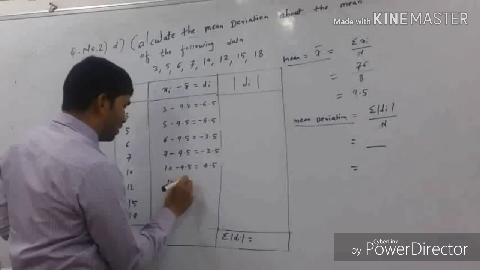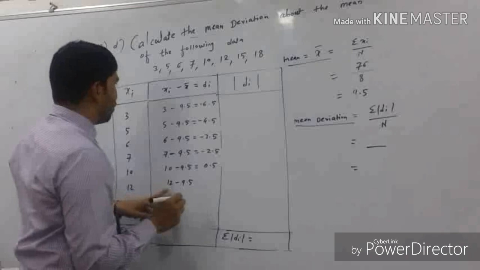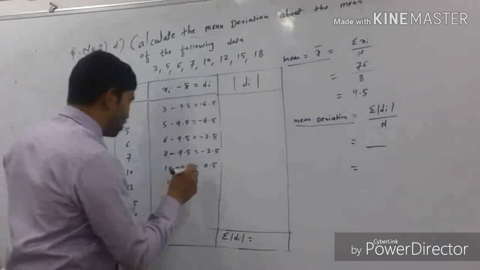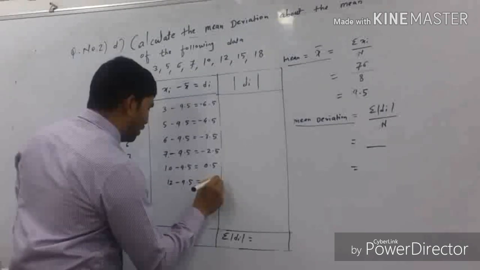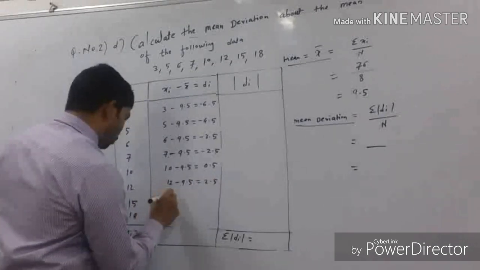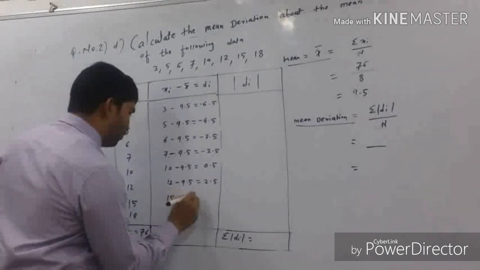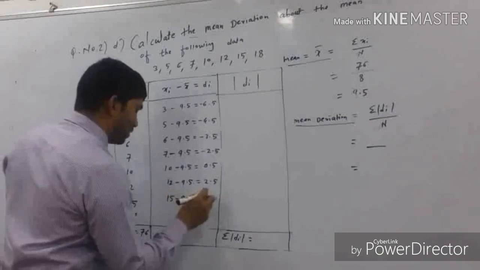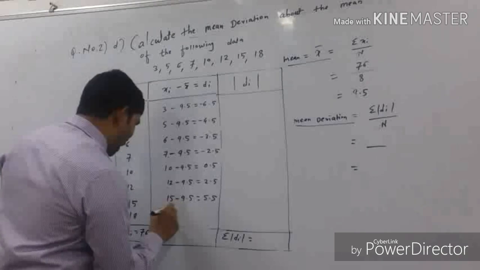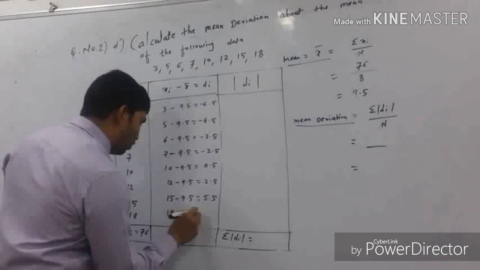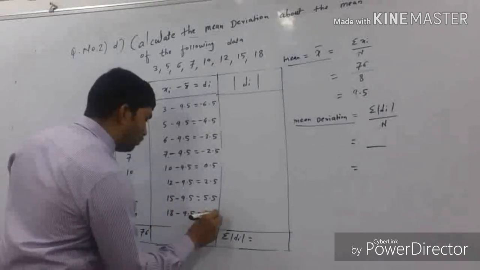Now 12 minus 9.5, 12 is our xi and 9.5 is x bar. So 12 minus 9.5 we get 2.5. Now 15 minus 9.5, that is 5.5. And last one 18 minus 9.5 we get 8.5.